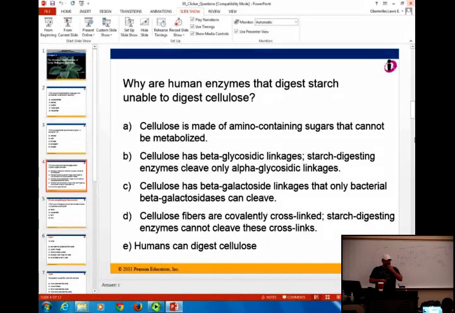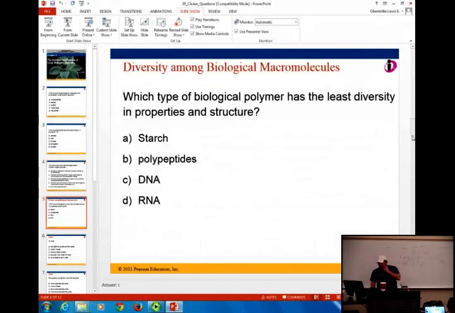The answer is B, right? All the things we talked about have beta. I mean alpha, not beta. So you can't digest insect shells and you can't digest tree bark because it has beta linkages in it. Which of these is least diverse in its properties and structure?